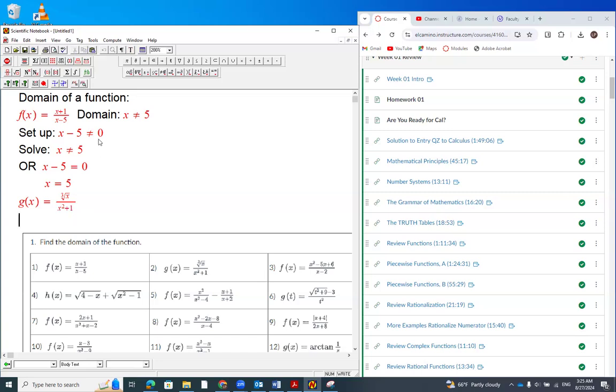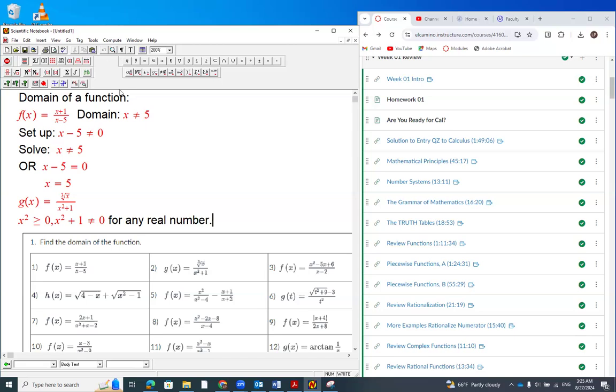We can do what we just did by setting up x squared plus 1, but you may also notice that since x squared is always at least 0, x squared plus 1 will not be 0 for any real number.